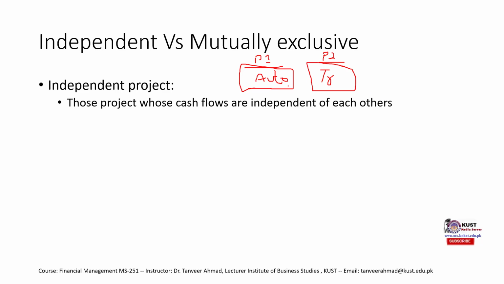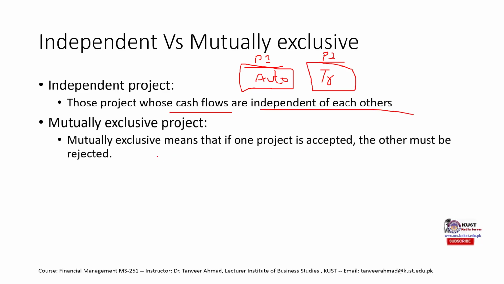So it means that if there are two projects where it is not necessary that if you start one project, then you cannot start another project, in other words, you can start both the projects simultaneously, then that project would be called independent project, and their cash flows are independent of each other.